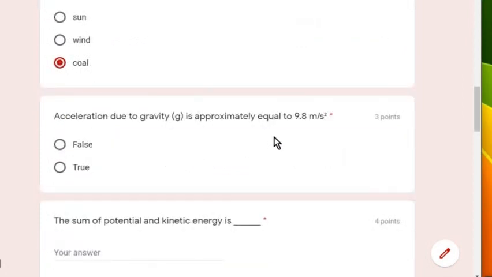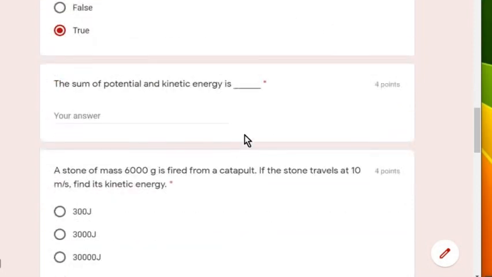Acceleration due to gravity is approximately equal to 9.8 meters per second squared. So that is true. Sometimes we use 10.0 to represent it. The sum of potential and kinetic energy is mechanical energy.